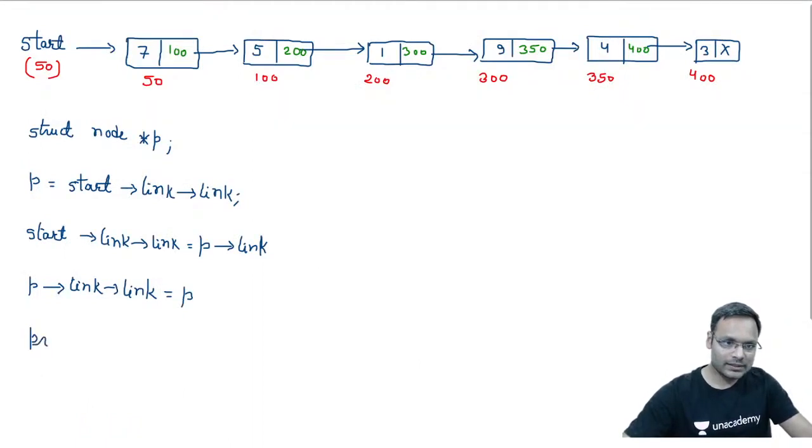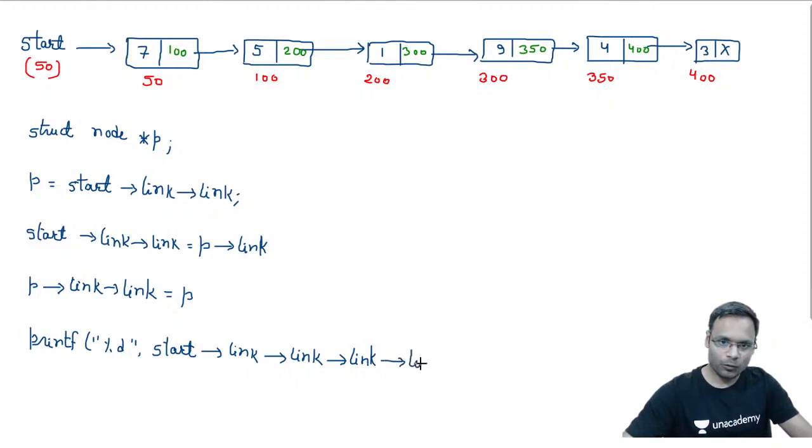So it prints printf %d start 4 times link 1 2 3 4 and data.